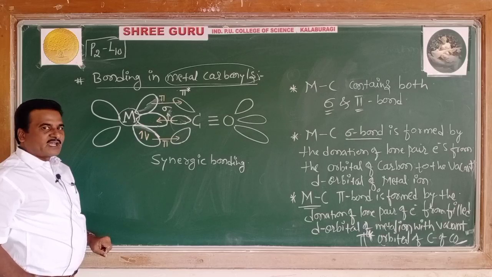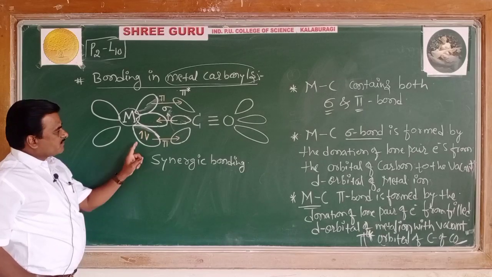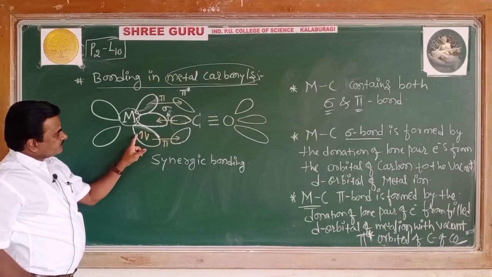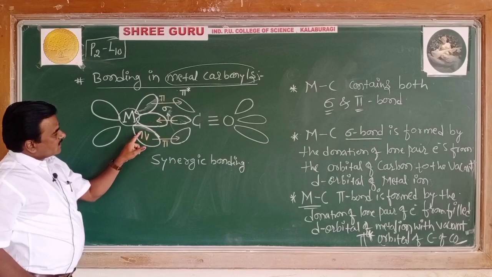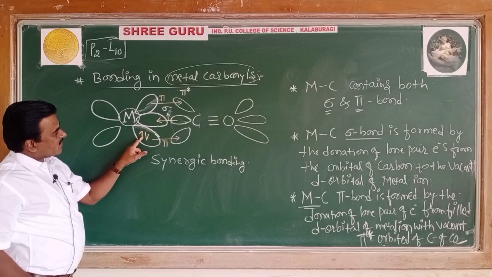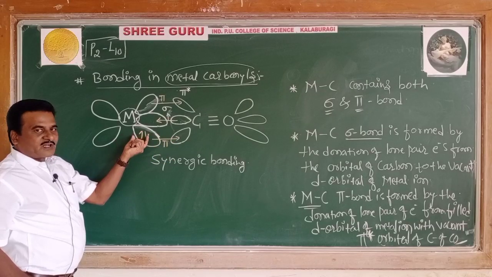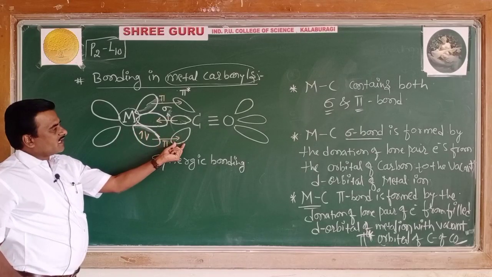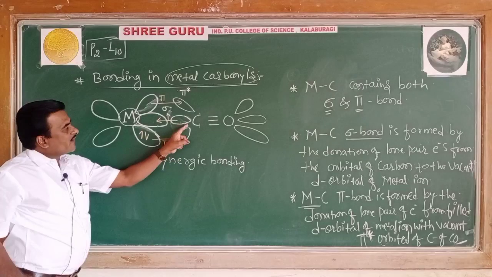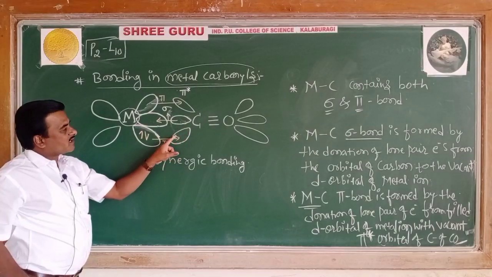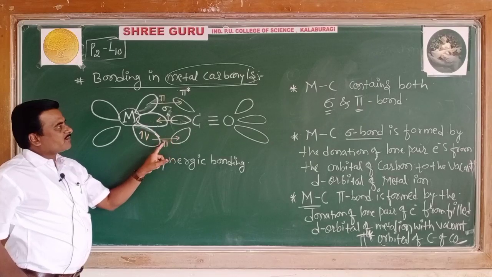Now how is this pi bonding formed? It is by the donation of a lone pair of electrons from the filled orbital of the metal to the vacant pi star orbital of the carbon, forming the pi bond.